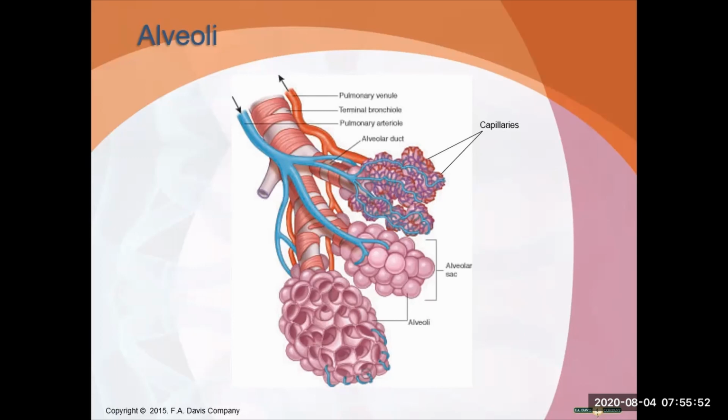This fluid contains surfactant, a substance that helps reduce surface tension, the force of attraction between water molecules, to keep the alveolus from collapsing as air moves in and out during respiration. For more information, see alveolar surface tension in this chapter.